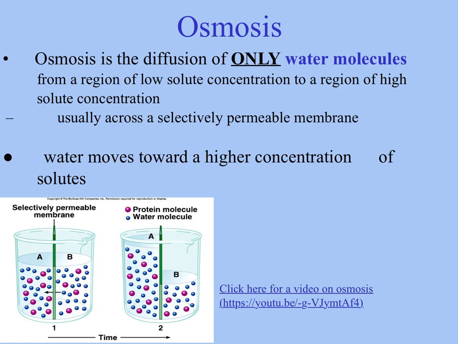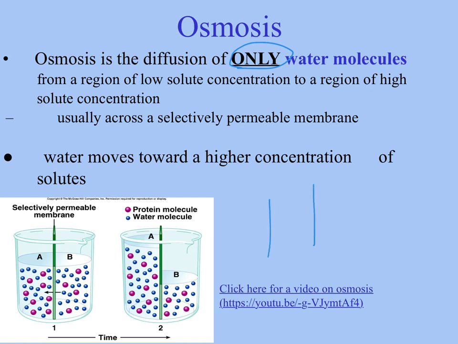Now, another type of diffusion is the term osmosis, and this tends to confuse a lot of people, so hopefully you guys have a pretty good grasp on this already. Osmosis is the diffusion of only water molecules, all right, only water molecules, but we're still going to talk about solutes because water is going to be attracted to solutes.